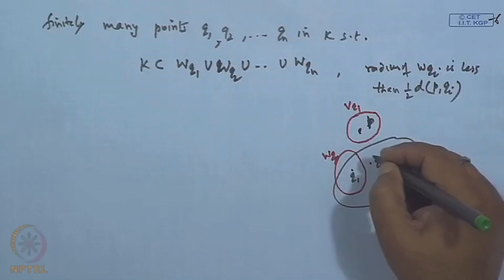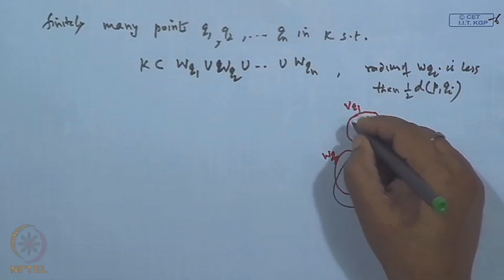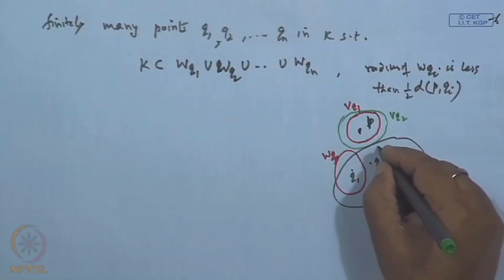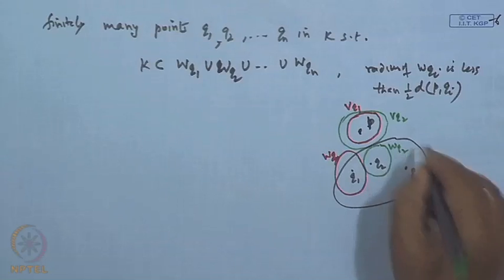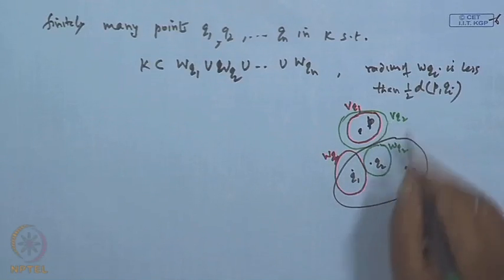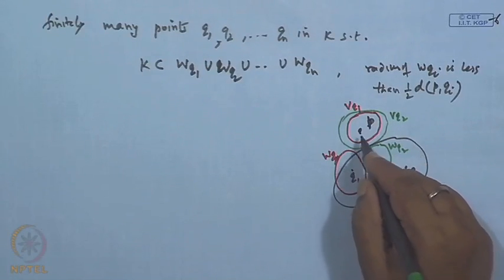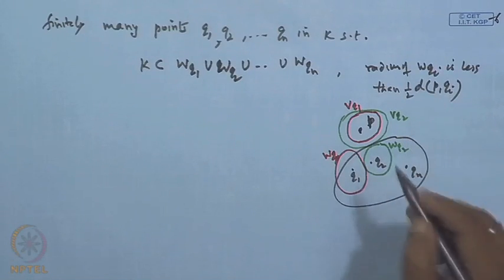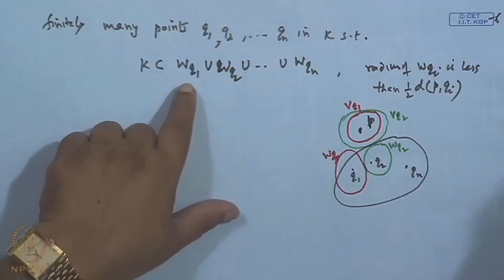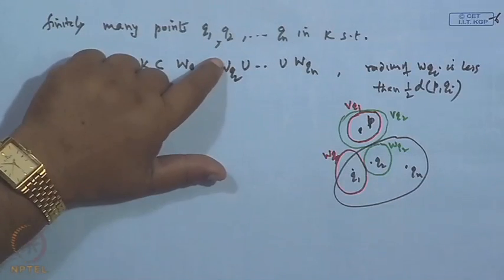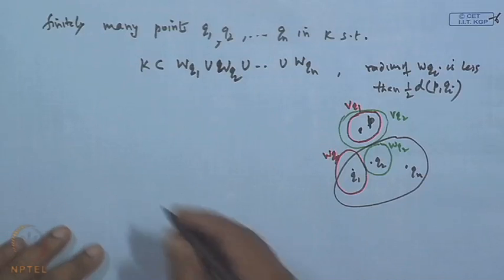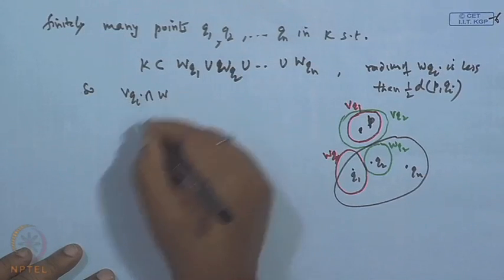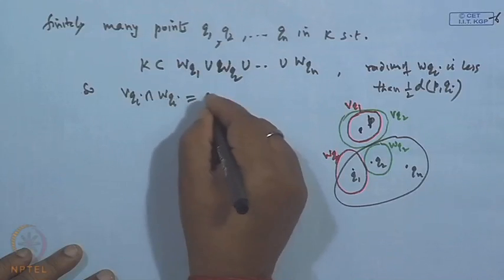Again, say this is V q 2, and here it is W q 2. Again they are disjoint, because the radius is less than half of the distance from P to q 2. So, obviously V q 1, V q 2, up to V q n will be disjoint from these. So, V q i intersection W q i is empty.